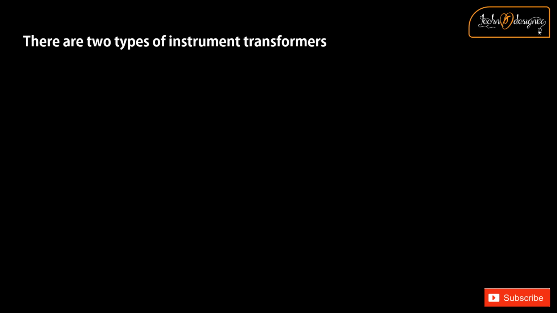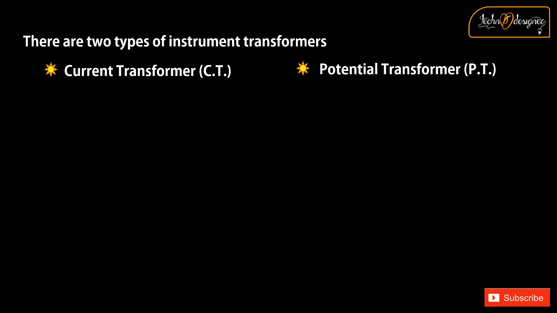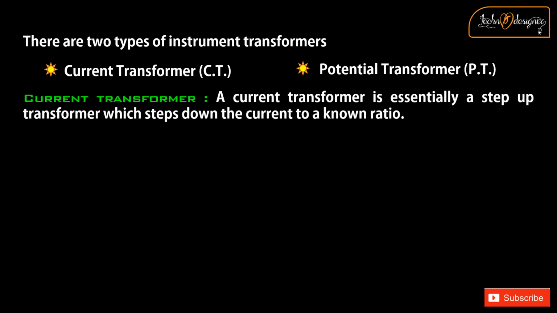There are two types of instrument transformers: current transformer and potential transformer. Current transformer. A current transformer is essentially a step-up transformer which steps down the current to a known ratio.